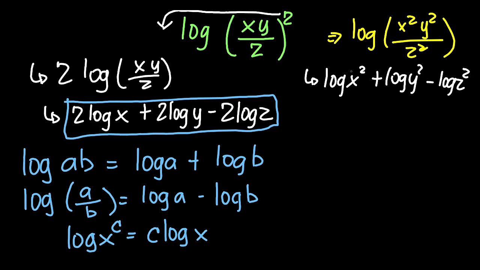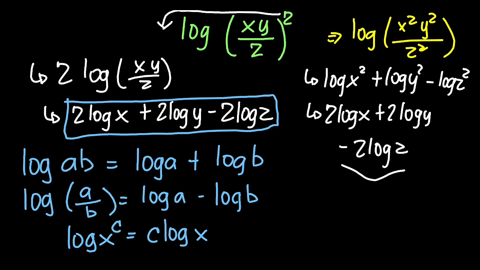And so, since they have an exponent right here, bring this down. And so this would be 2 log x plus 2 log y minus 2 log z, which is the same as this.